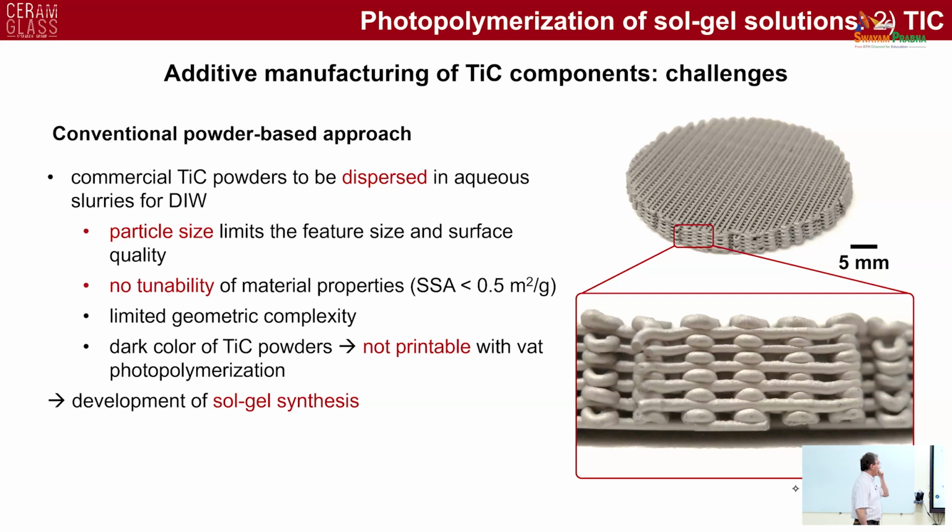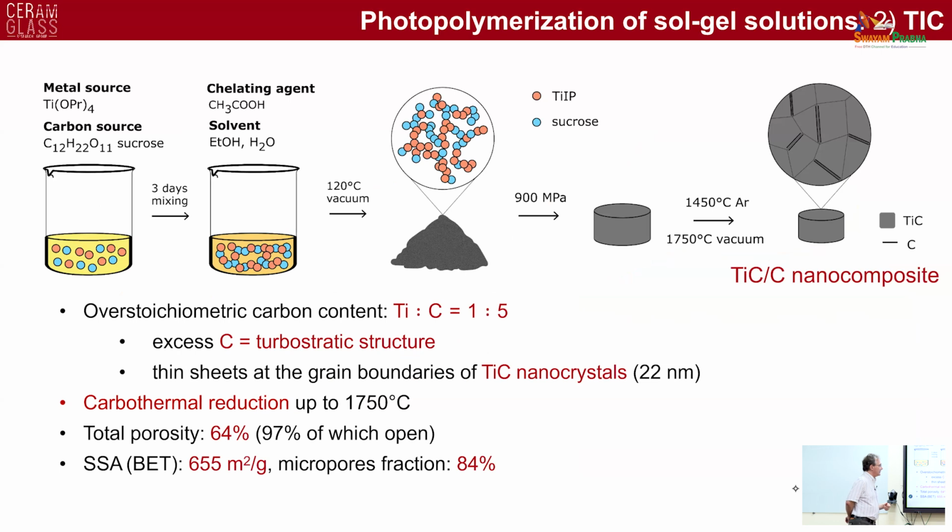Also, by using titanium carbide powders, we were not able to use DLP because titanium carbide powders absorb and scatter the radiation, and therefore they are not printable. So we switched to sol-gel synthesis of carbides so that we could use DLP with higher geometric flexibility and the possibility of generating in situ some mesoporosity.